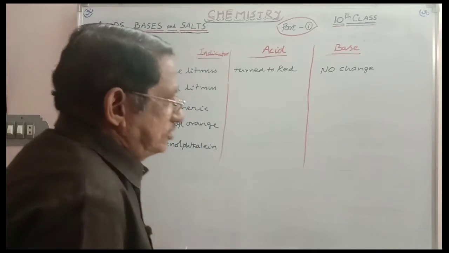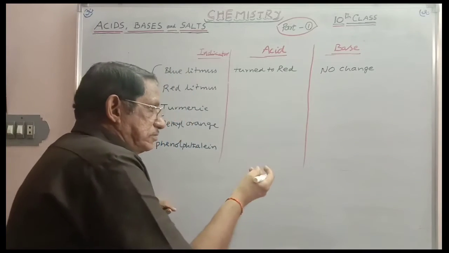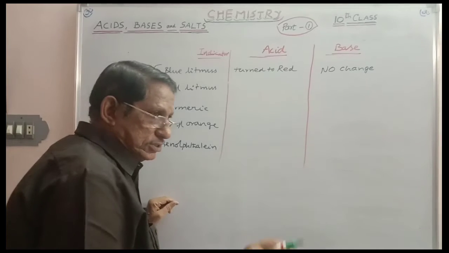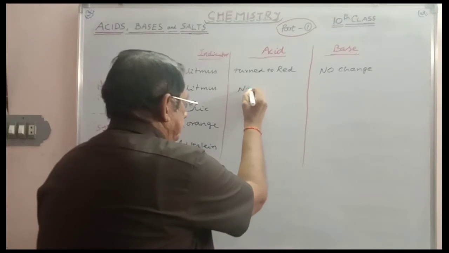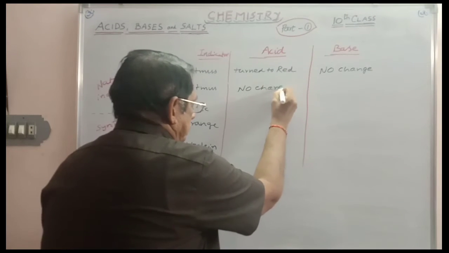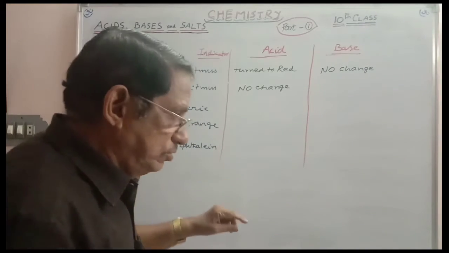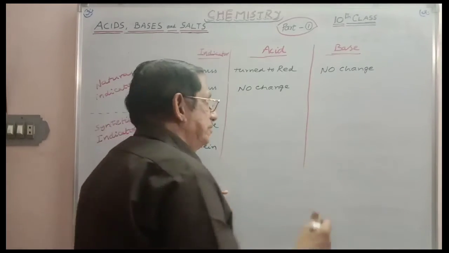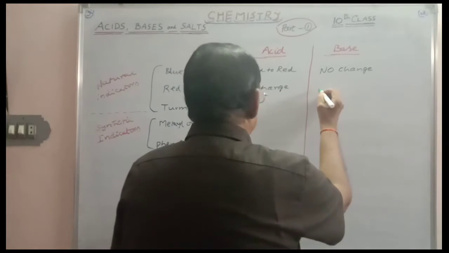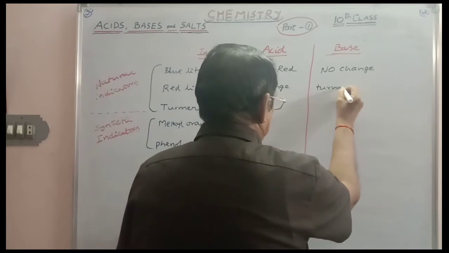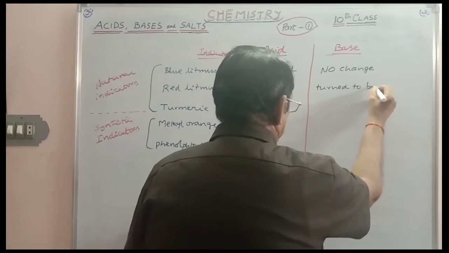Similarly, if you take red litmus paper and drop it into acid solution, there will be no change at all. Similarly, if you take a basic solution like sodium hydroxide, it will be turned to blue.